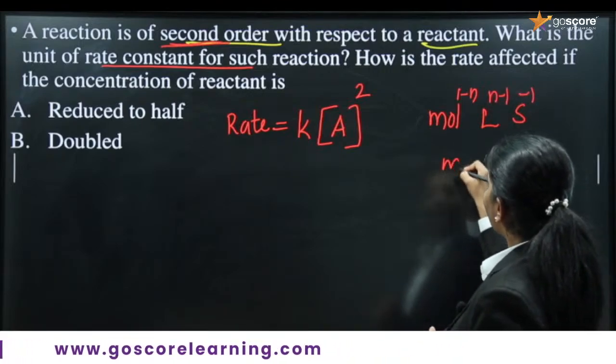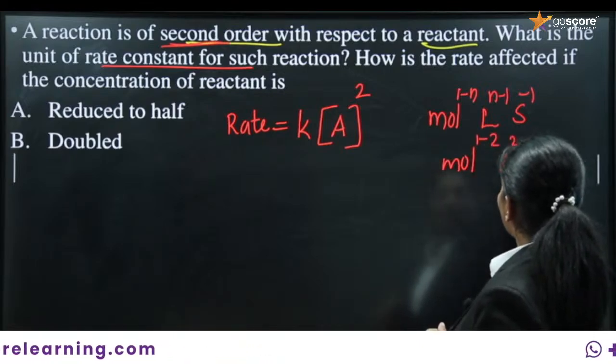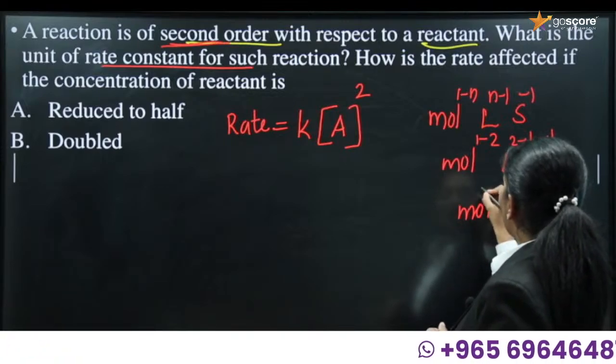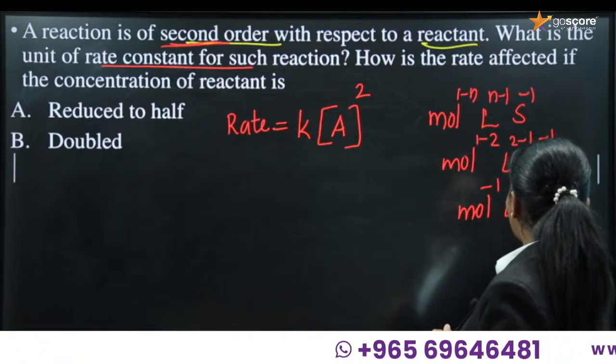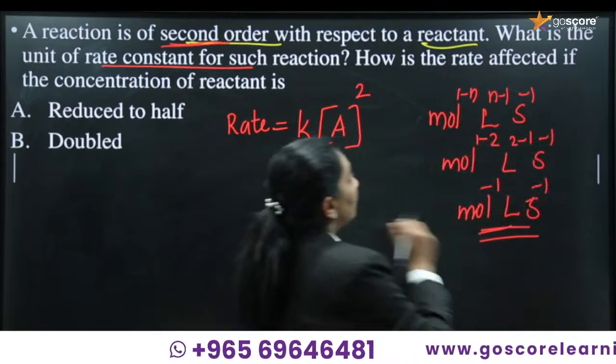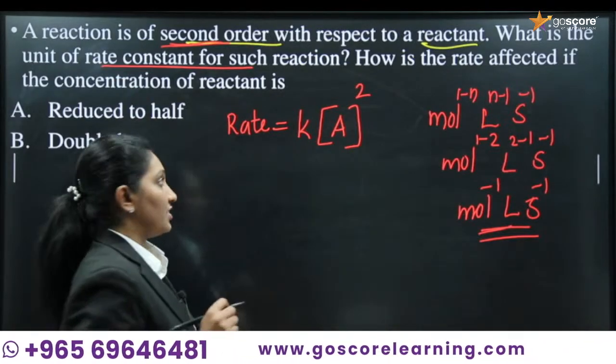So, we'll get mole raised to 1 minus 2, liter raised to 2 minus 1, second inverse, that will be liter per mole per second. That will be the unit of rate constant for this reaction.